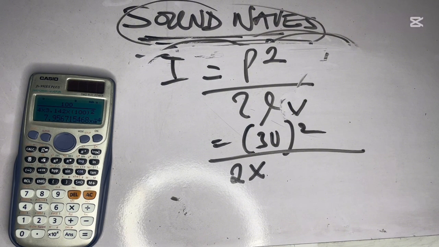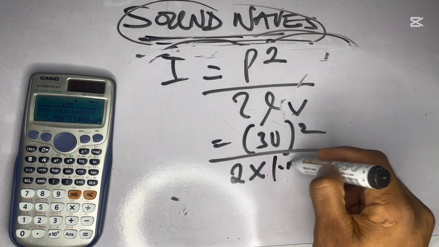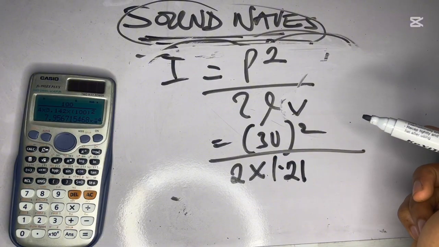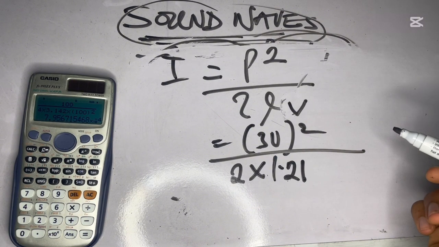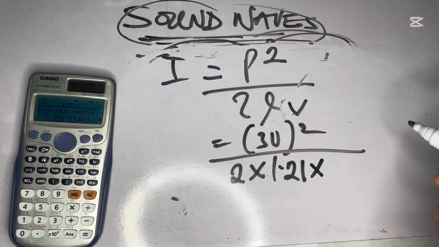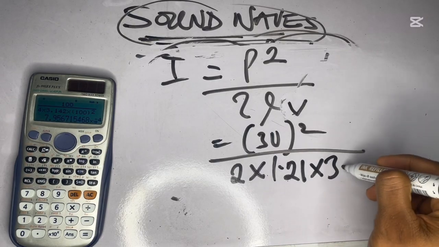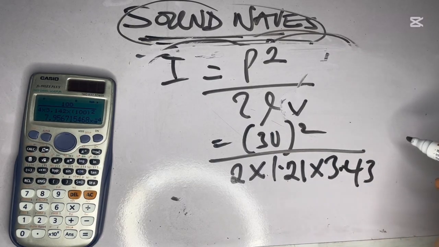If you have a question like this, they will give you the density of air. So this will now be 2 times 1.21, then times your v, which is 3.43. This v here is the velocity of sound in air. These are constants.